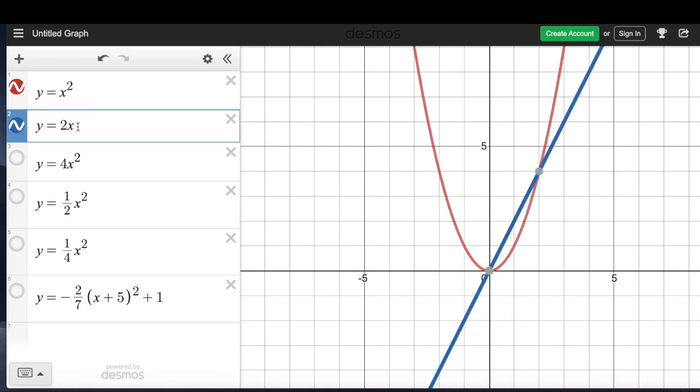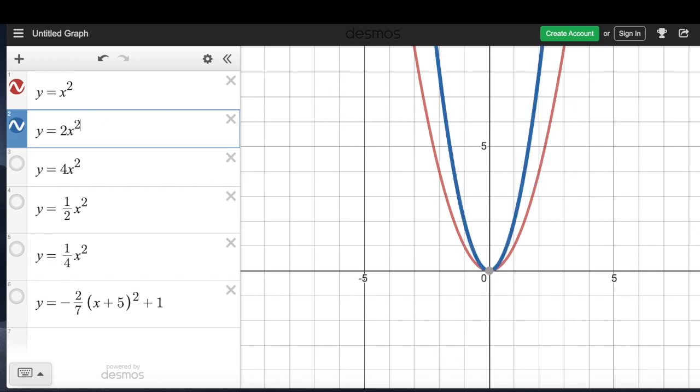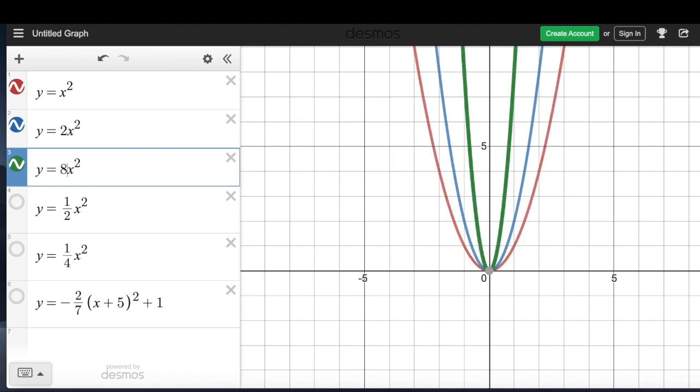There's a parabola, and it's got a nice rate of change here, this quadratic growth. But when you put a 2 out in front, it's like a parabola, but with a steeper slope. And so y equals 4x squared, you might imagine, is going to have an even steeper slope, or a greater rate of change. That is going to be an even skinnier version of the parabola. If I make that coefficient bigger, it gets even skinnier.